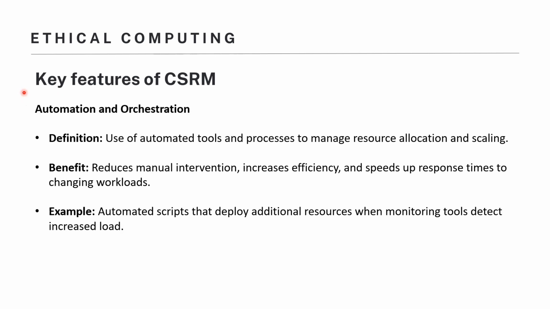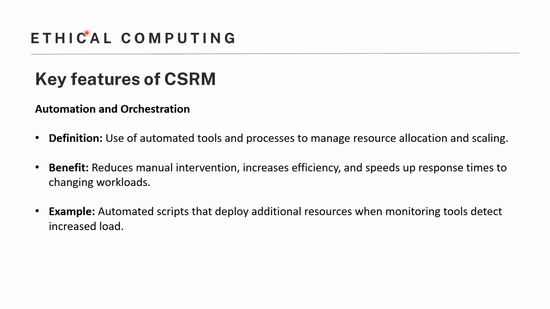Now let's cover automation and orchestration in the CSRM. By definition, automation and orchestration refers to the use of automated tools, and not just tools, but also processes, in order to manage resource allocation and scaling. This means that tasks that would normally require manual intervention are handled automatically by the system.